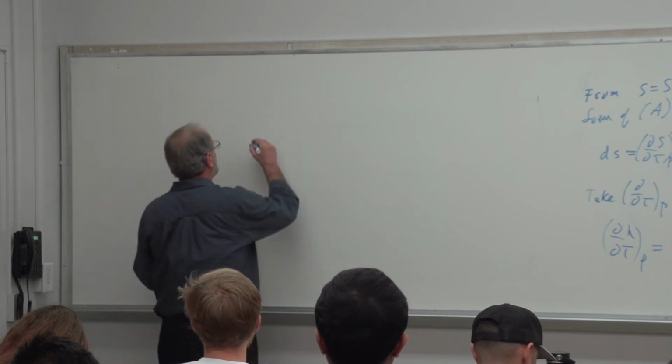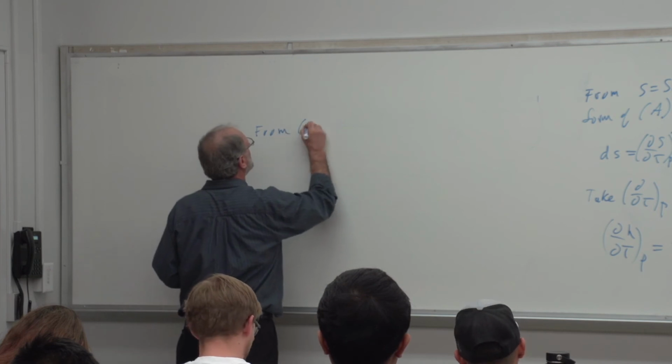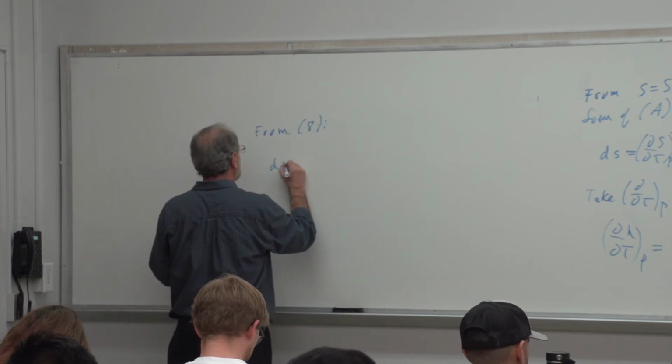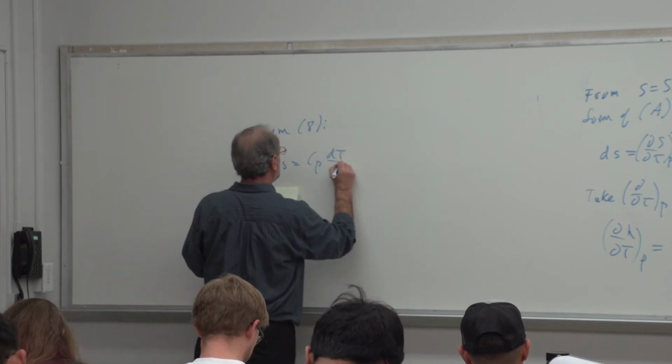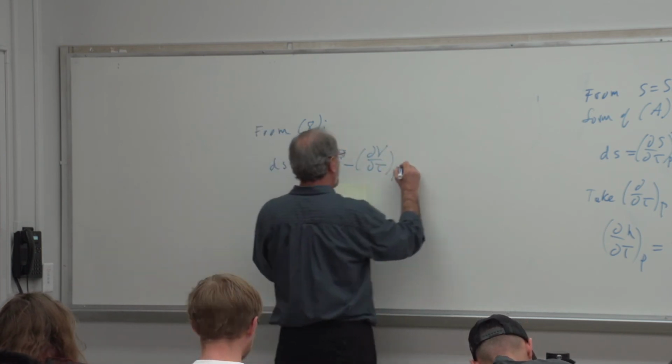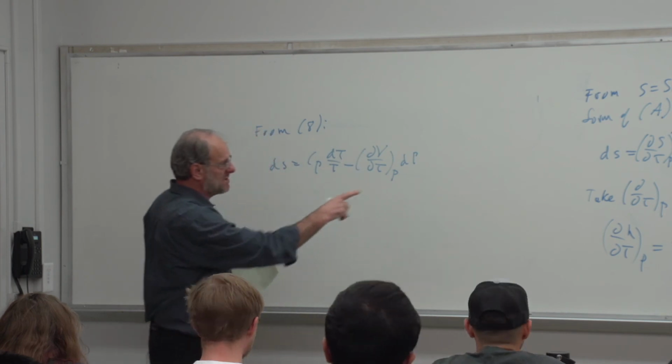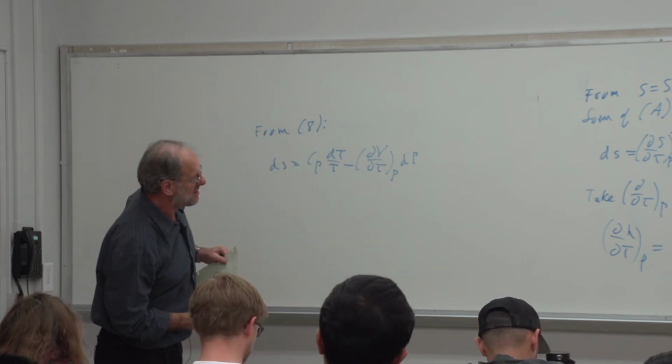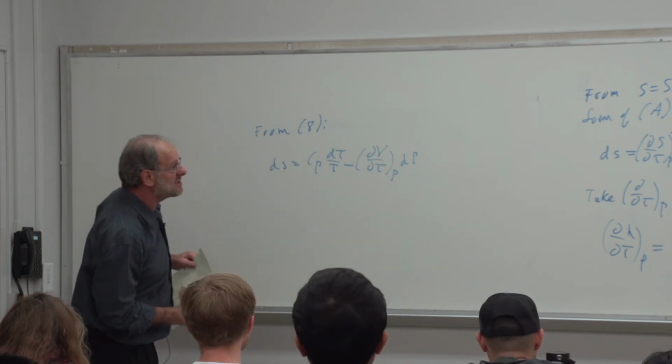All right, so let's just start with equation 8. So dS is Cp dT over T minus del V del T at constant P dP. Well, it should be the same as the one that's right over there, which it is. Okay, good.